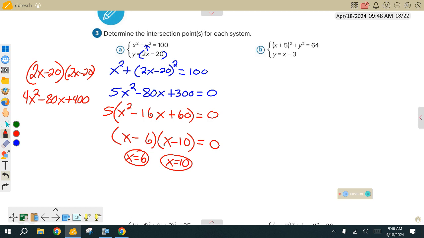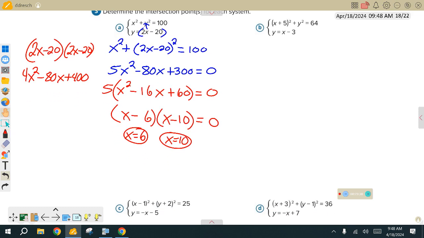Cool. But what have I not found yet? I have not found y. Let's go find y. Now with the substitution method that Jillian said about 20 minutes ago, we're going to use the one that I put in parentheses and say, hey, when x is 6, what's its output? What is its y value? 2 times 6 minus 20.